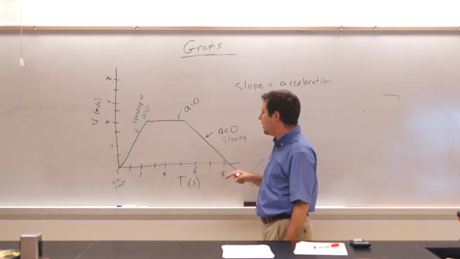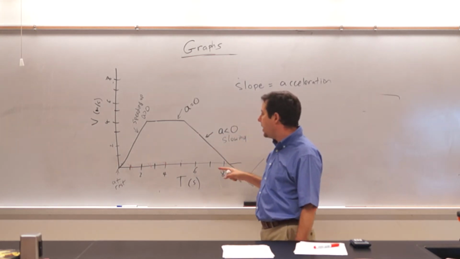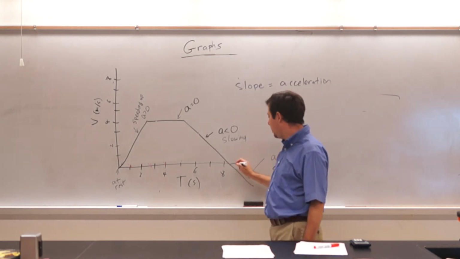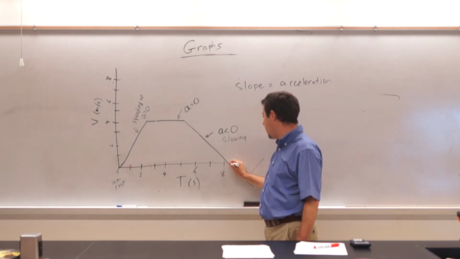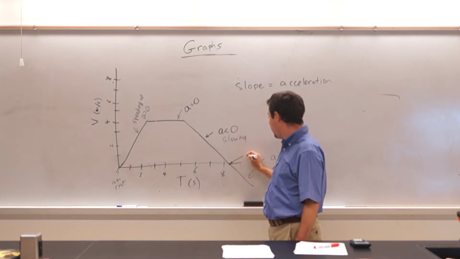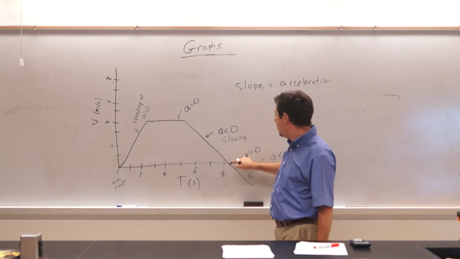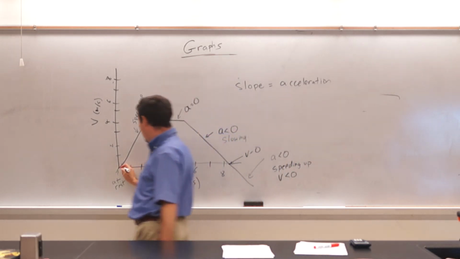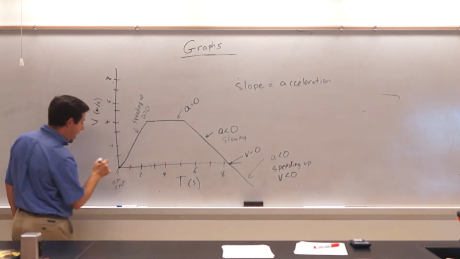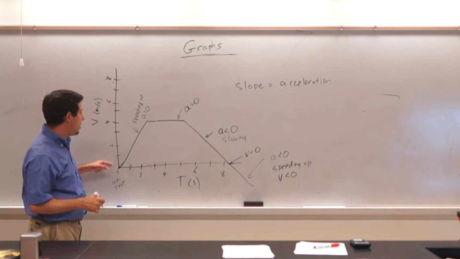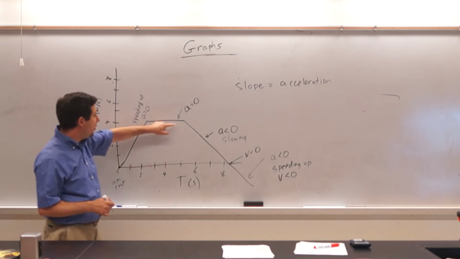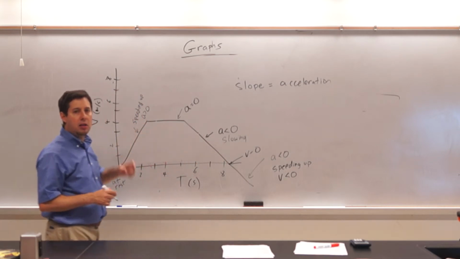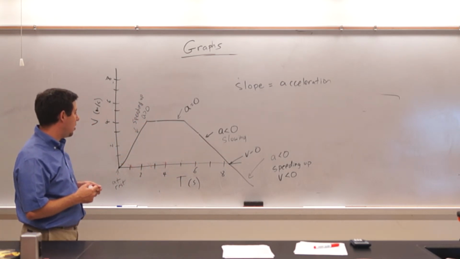So you can read velocity off of all these. In all cases, the velocity is positive until you get here. The only time it becomes negative again is right at that spot. Your velocity is 0. So at this instant in time, this object is stopped. It's also stopped right here. It's at rest. So at rest, it's speeding up, moving at a constant speed, slowing down, but all in the same direction because the velocity is always positive.